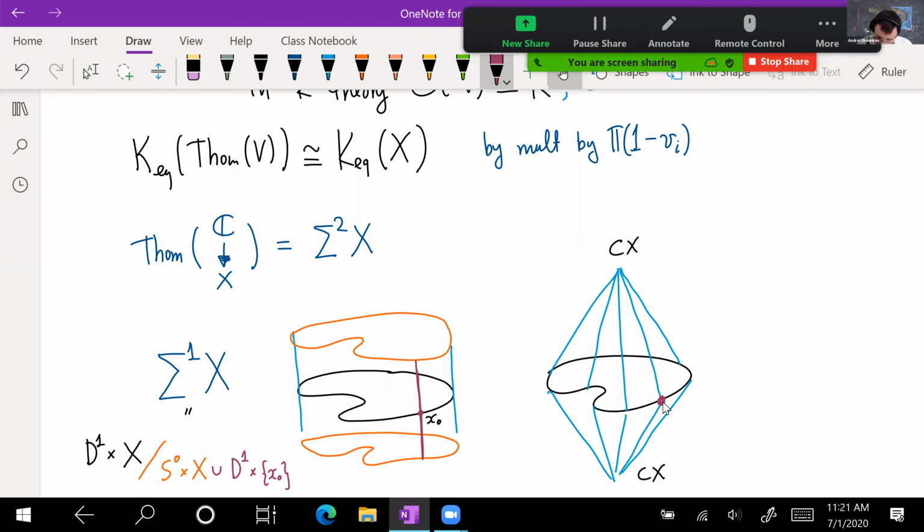Maybe I'll just draw the marked point as what we're collapsing here.